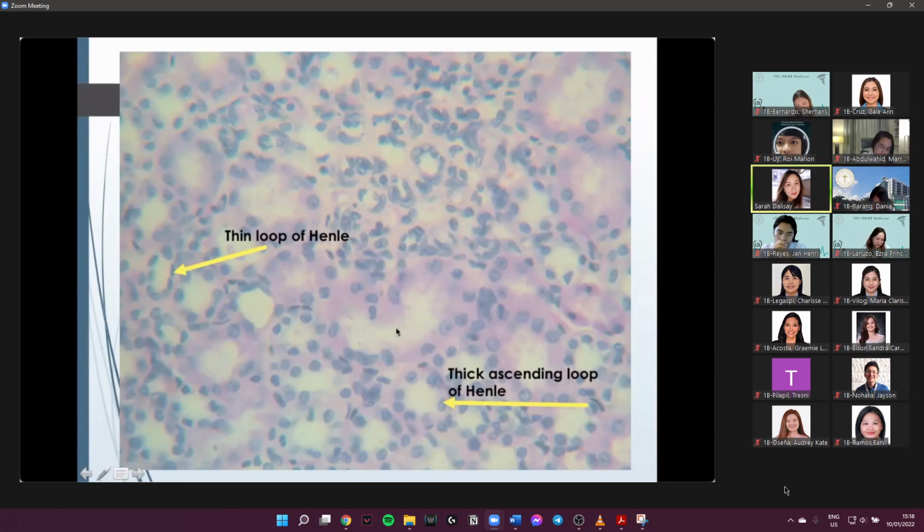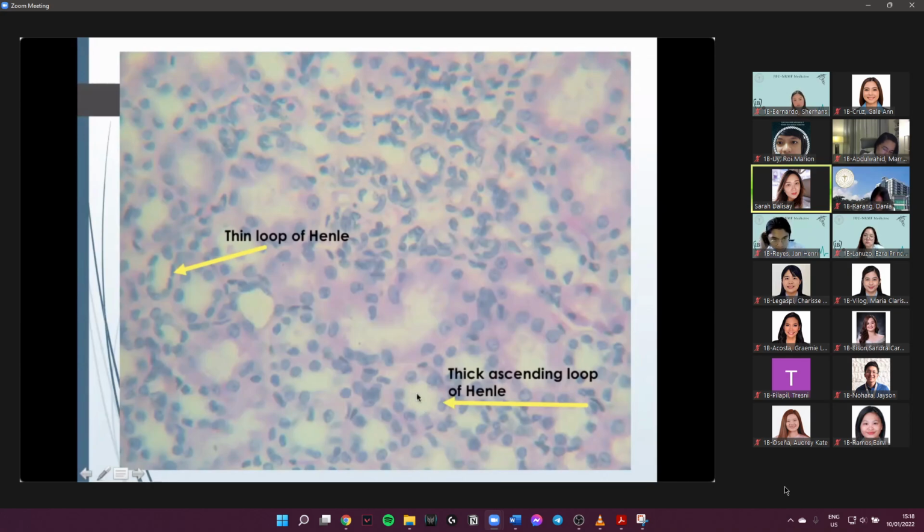So again, this loop over here, which looks like your proximal convoluted, is your descending loop of Henle. And if you have a squamous-lined loop, then that would be your thin loop of Henle. And finally, we ascend again, going to the distal convoluted, and this will again be lined by a lining that is similar to your distal convoluted tubule, like this one over here.